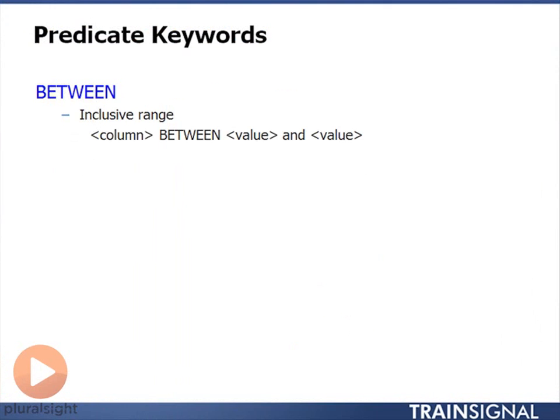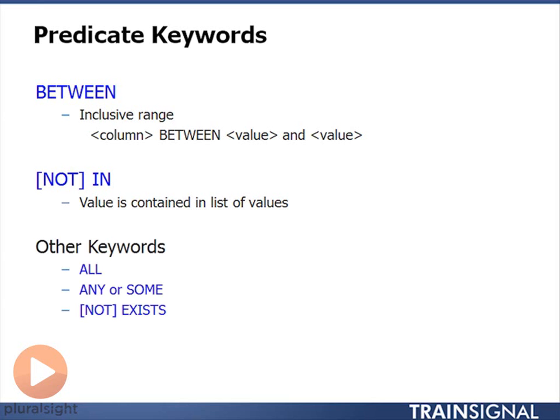For completeness sake, I just want to highlight that SQL also provides an in statement, which will allow us to look for a value contained inside of a list of values. So for example, if I was looking for products with a subcategory ID of 1 or 2, which inside the AdventureWorks database is going to be all of our bikes, then I could do that with an in statement.